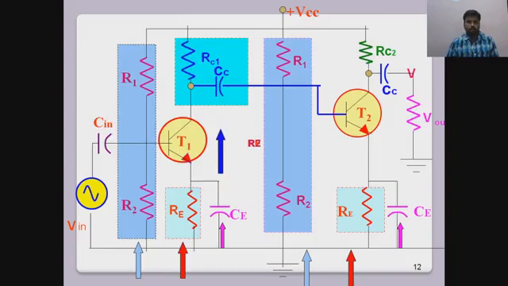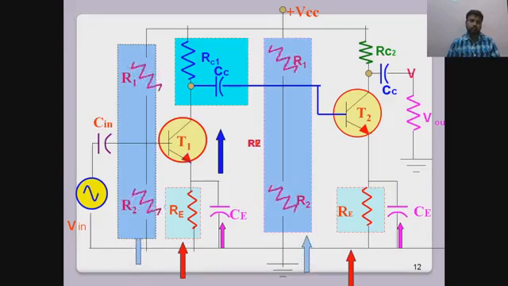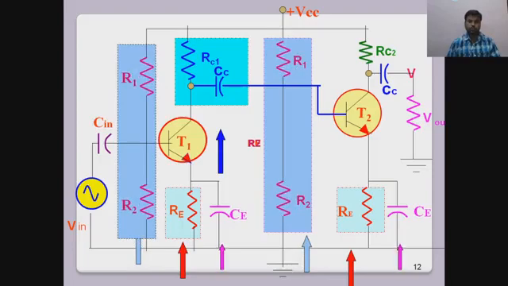R1 and R2 of stage 1 and stage 2 are for potential divider bias or self bias, for the purpose of biasing the transistors in the active region. As we are using the transistors as amplifiers, we need to bias them in the active region.